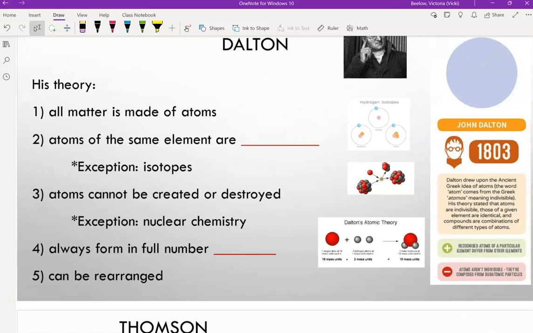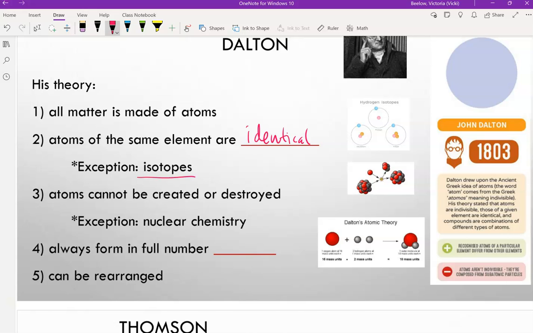That was part of his theory. And all atoms of the same element are identical. Meaning, if you have an atom of carbon and another atom of carbon, they're identical. The exception is isotopes, which we will talk about later in this unit.